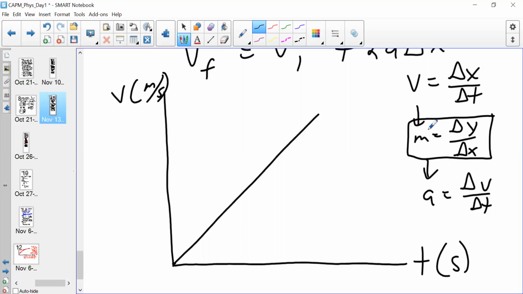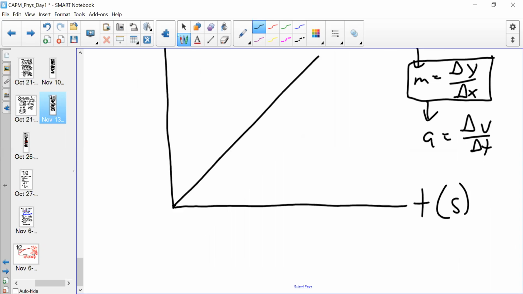So when you want to calculate, use this velocity time graph to come up with the last equation, which is a displacement equation, we have to do something special. We don't do slopes anymore.